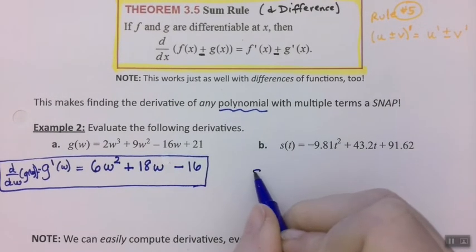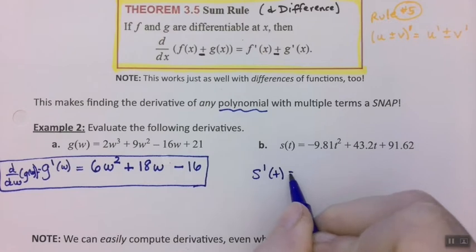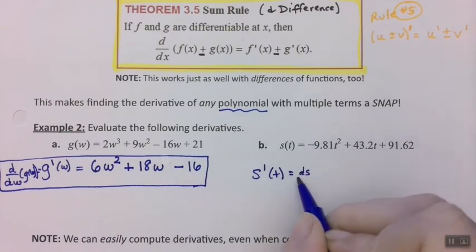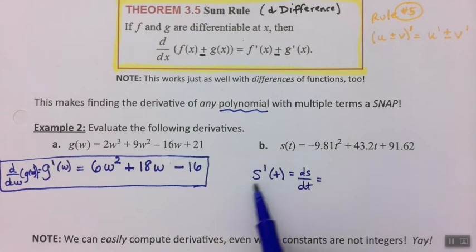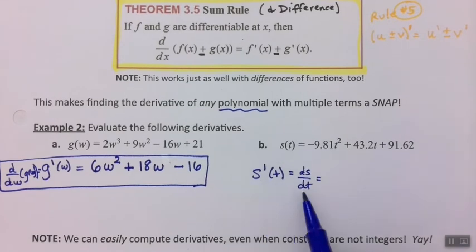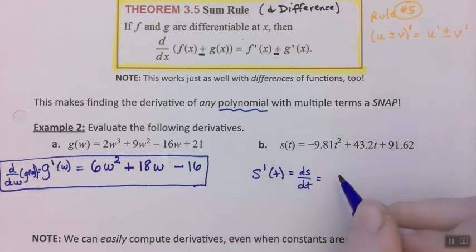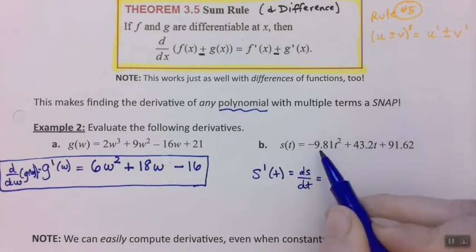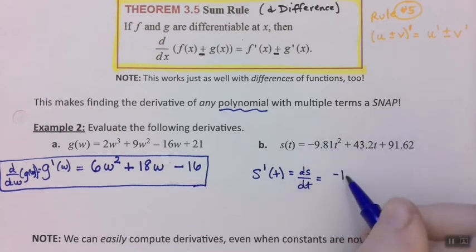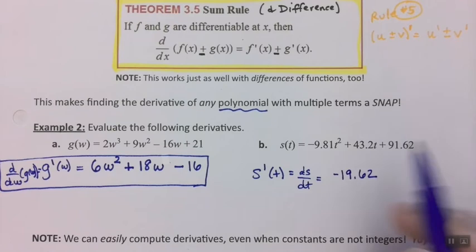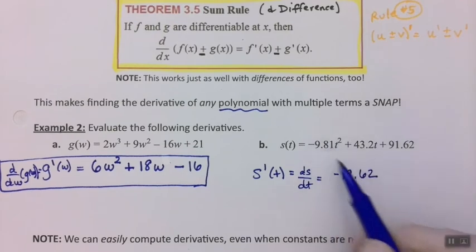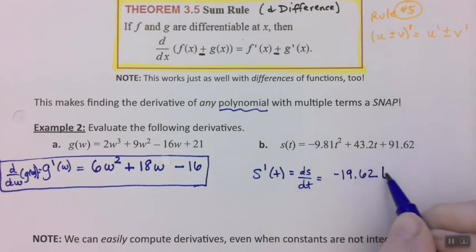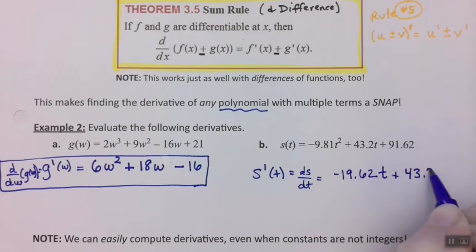So s prime of t would be equal to, which is also ds dt, the derivative of the s function with respect to t, if you want to write it. This is Newton-Bernoulli notation, and this is Leibniz notation. All right, so I would multiply 2 times negative 9.81, which is negative 19.62. T to the 2 take away 1, plus 43.2, right?